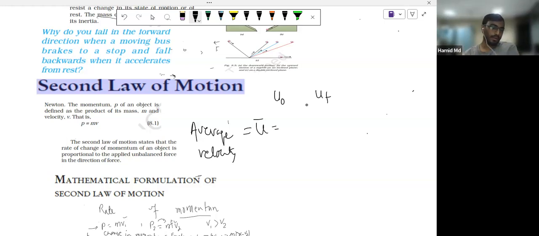My question is simple. This particle has initial velocity u naught when we measure at some instant of time, and the next time we measured that it was u final. So what will be the average velocity for the given situation? Zero. Now, how do you calculate it?